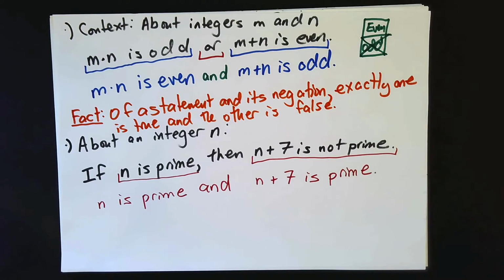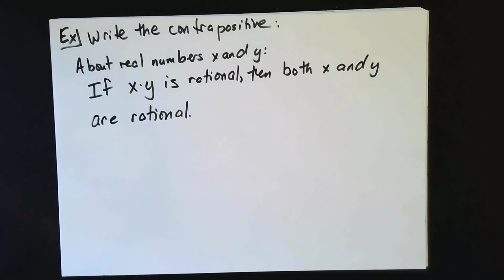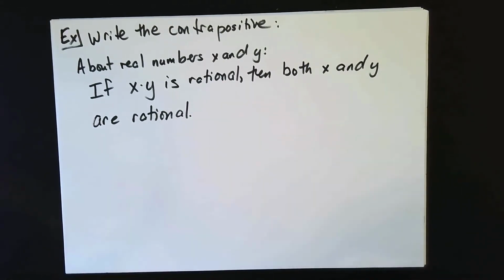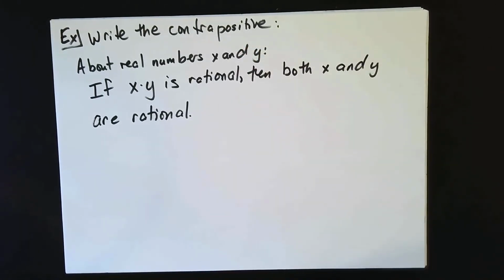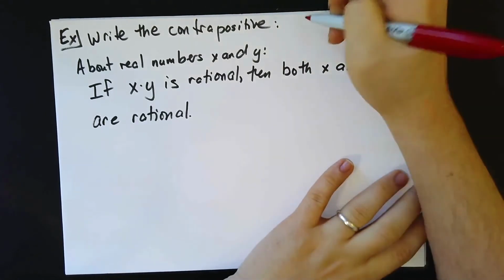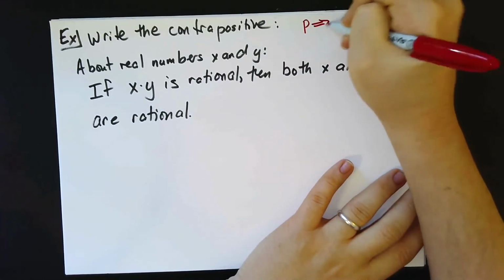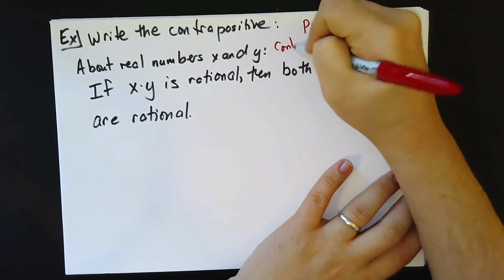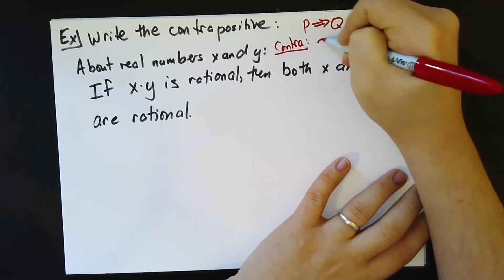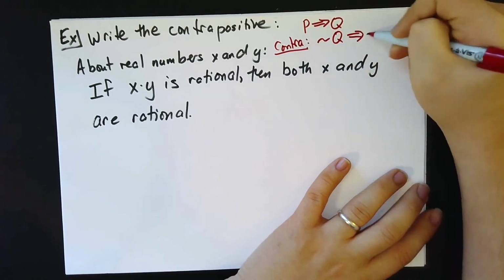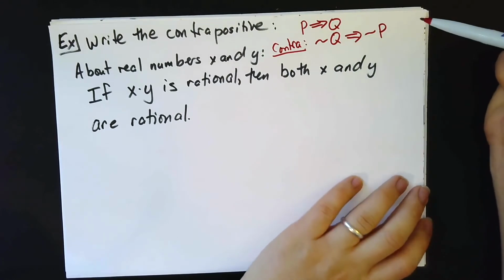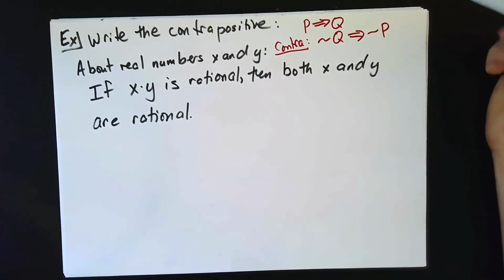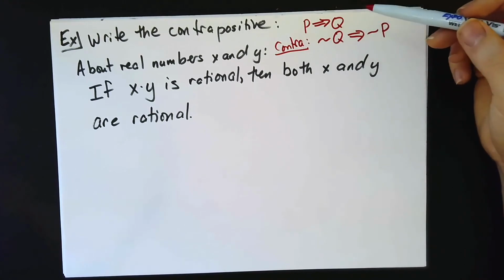Since we were just talking about contrapositives, I want to do a couple more examples of writing down the contrapositive of something too. Again, pause, write down the contrapositive, then watch me do it. So remember, by definition, the contrapositive of P implies Q is not Q implies not P. And remember, the reason why we like writing down the contrapositive is that the contrapositive is logically equivalent to the original implication.